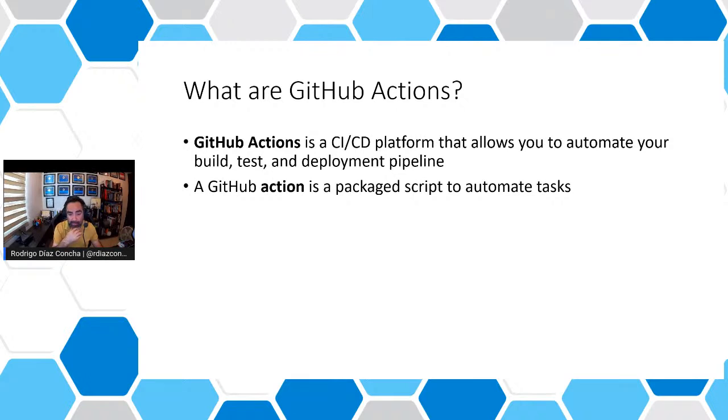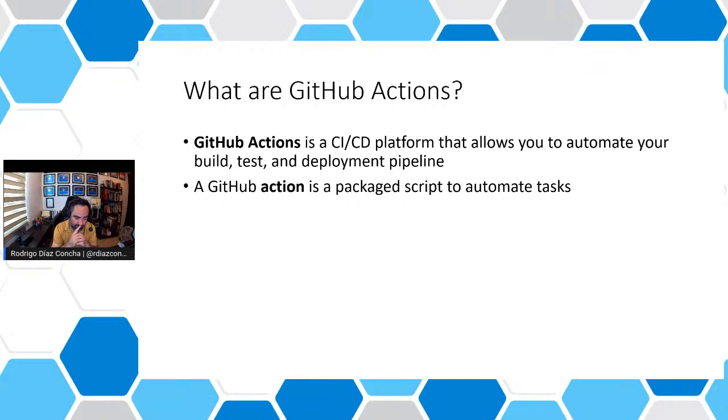So GitHub Actions allows us to automate our build, test, and deployment pipeline. Okay, so as is here in the screen, GitHub Actions is a CI/CD platform that allows you to, actually that's a typo there, to automate your build, test, and deployment pipeline. Okay, that allows you to automate. Okay, cool. So it's all about automation.